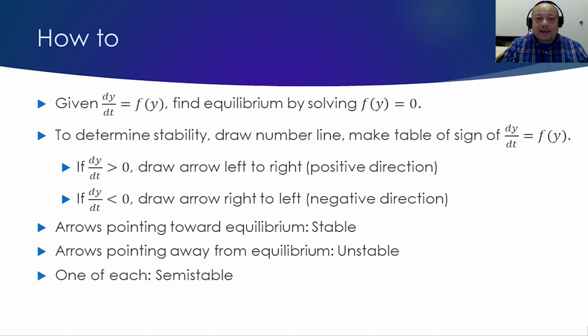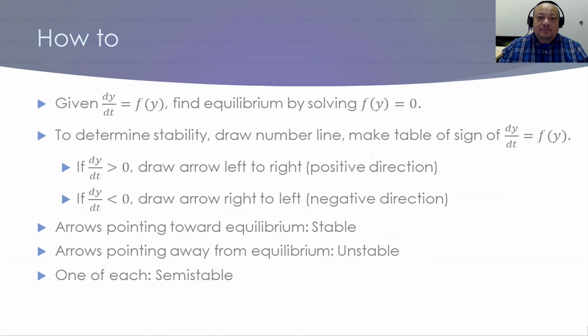A negative dy/dt, draw an arrow from right to left. And look at where the arrows are pointing. Arrows pointing toward the equilibrium is stable. Arrows pointing away from an equilibrium is unstable. If there's one of each, one pointing toward and one pointing away, it's semi-stable. It's stable on the side where it's pointing toward, and it's unstable on the side that's pointing away.